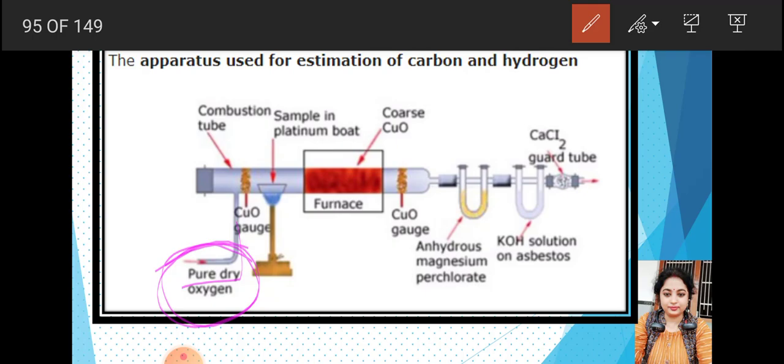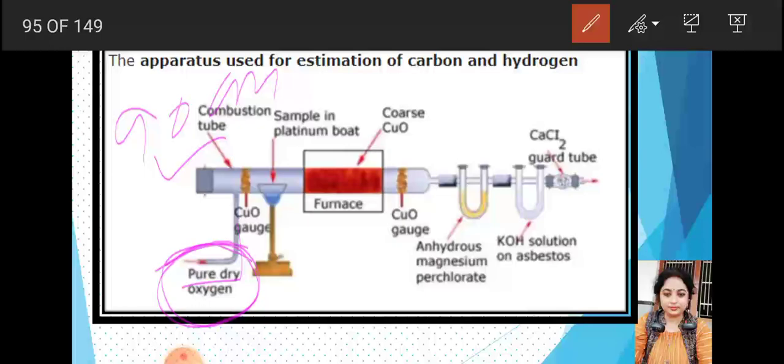The second unit of this apparatus, combustion tube. The combustion tube is a hard glass tube about 90 centimeter in length and 12 to 15 millimeter in internal diameter, and open at both ends.